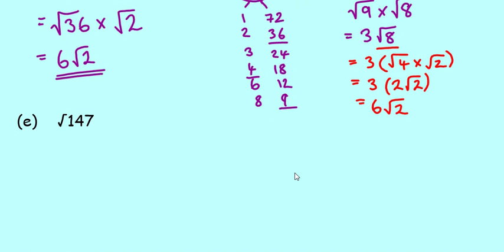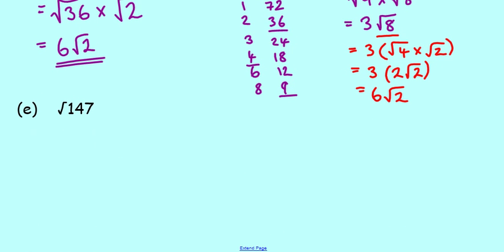And we'll go over one more example, root 147. So try your best to go for the largest square number when you're listing the factors. So 1 times 147, not very helpful. Can't divide it by 2. Let's see if we can divide it by 3.